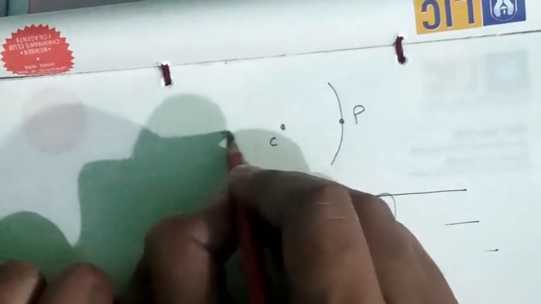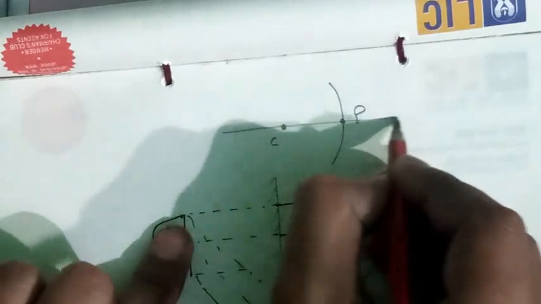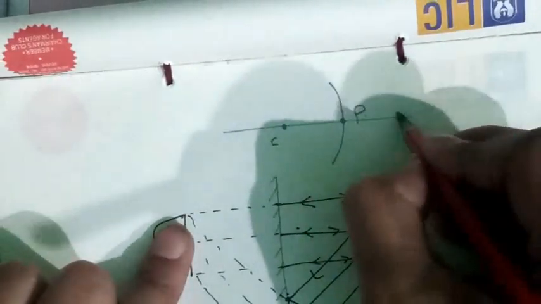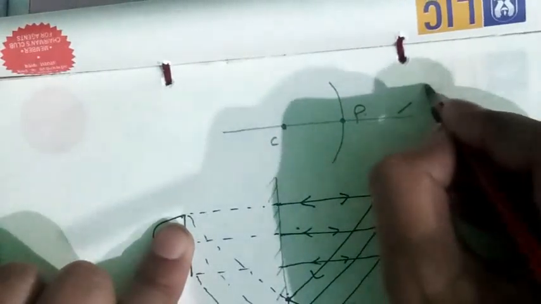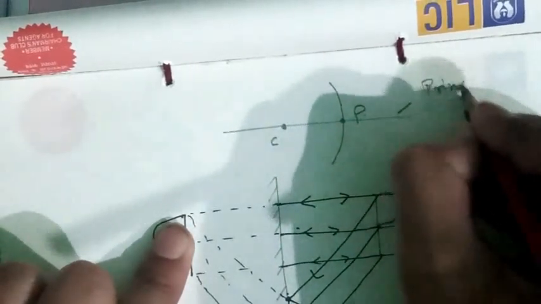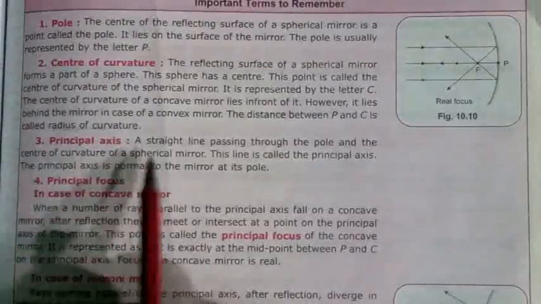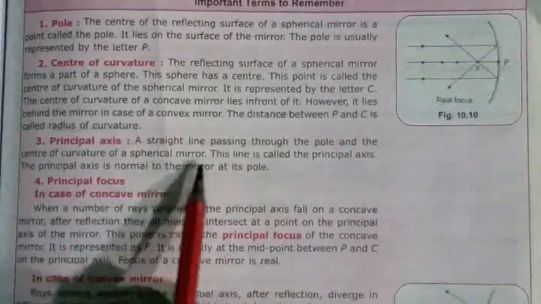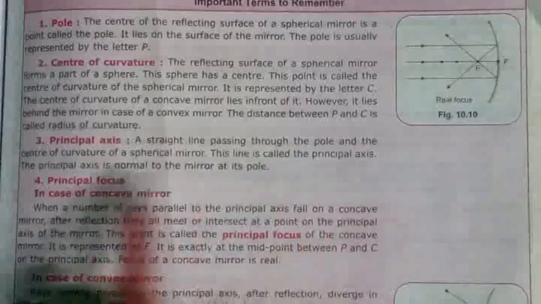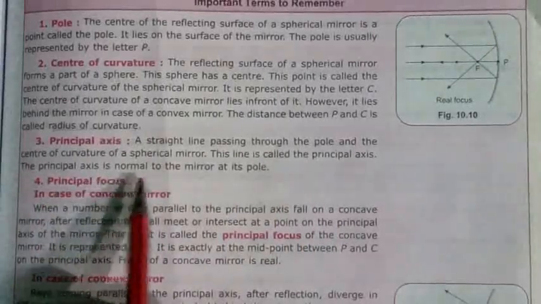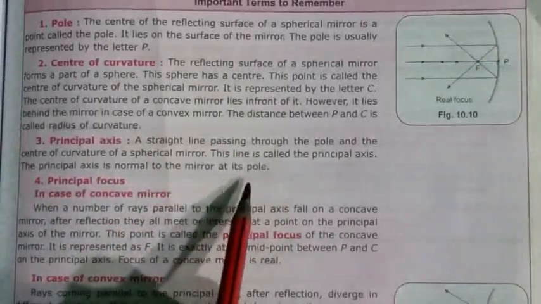A line going through the center of curvature and the pole is called the principal axis. A straight line passing through the pole and the center of curvature of a spherical mirror is called the principal axis. The principal axis is normal to the mirror at its pole.